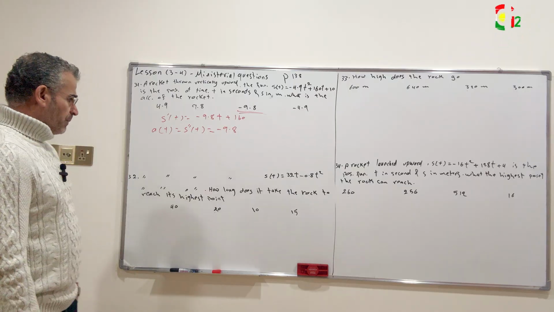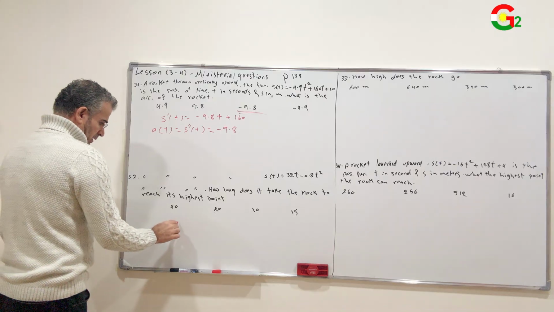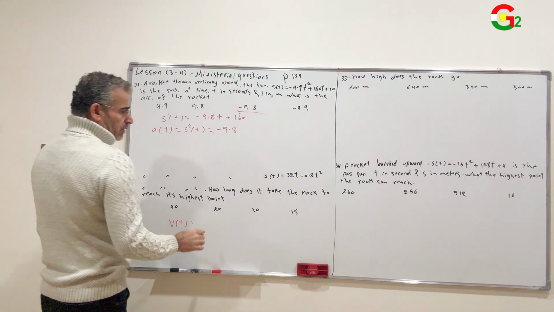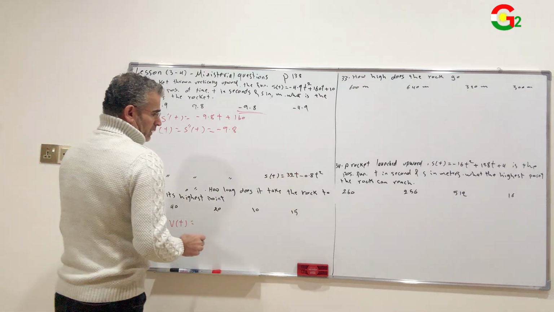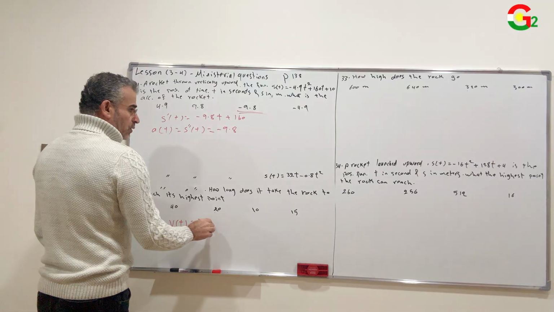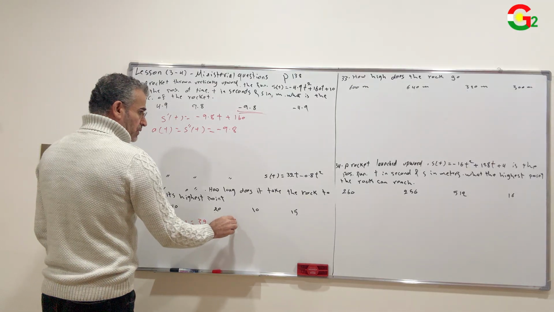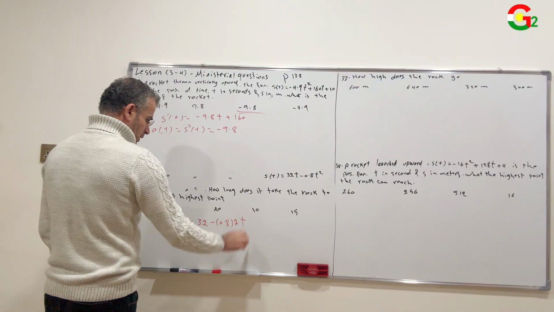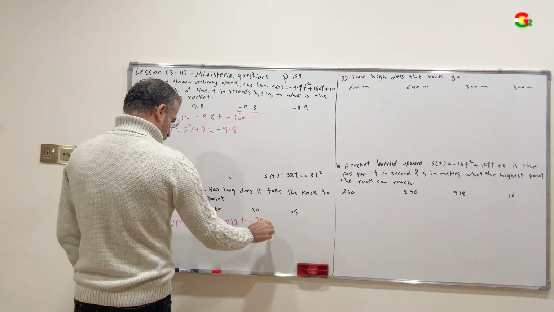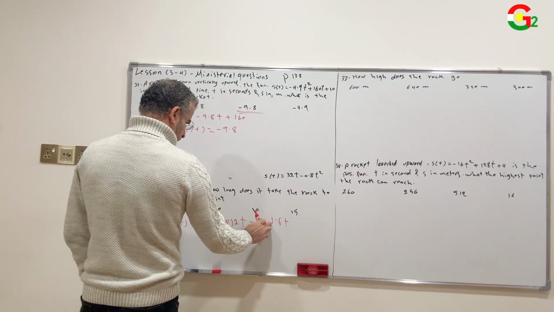First, we find the velocity function, v of t equal to the derivative of the position function, 32 minus 0.8 times 2t equal to 32 minus 1.6 t.